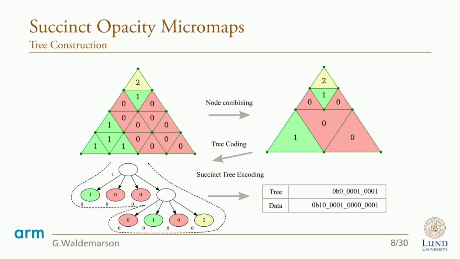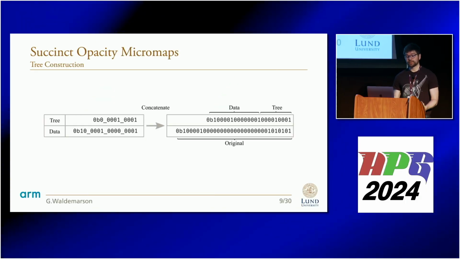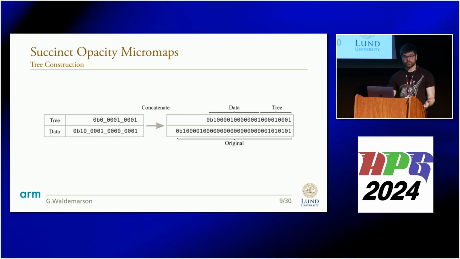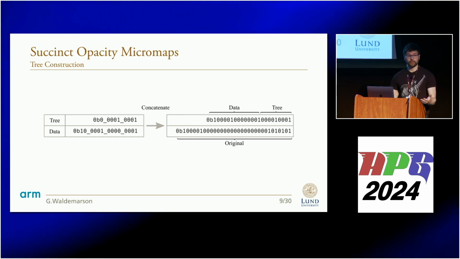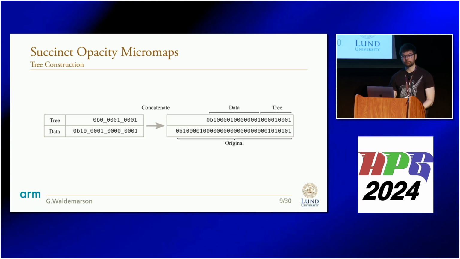For clarity, the tree and the opacity values, or data bits, are shown separately here, but of course they will be concatenated into a single stream. And even in this relatively small case, by comparing the bit string to the original and to the one we got in the end, you can see that there's some potential for compression here.